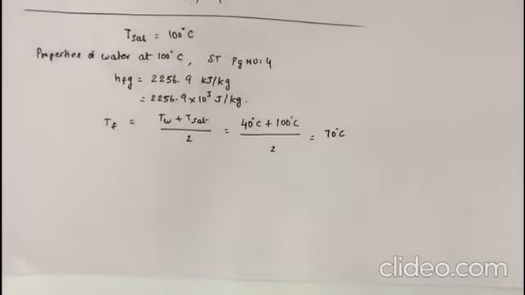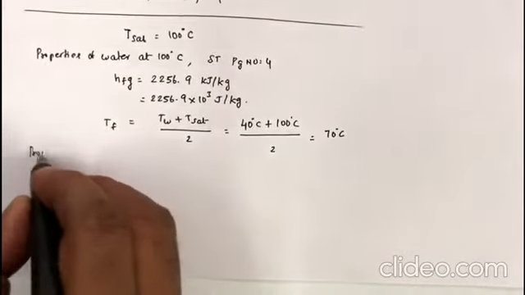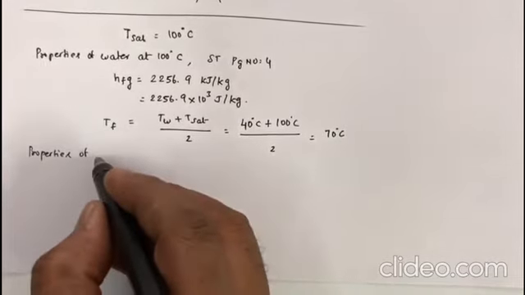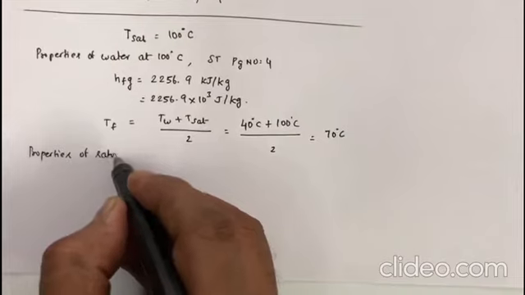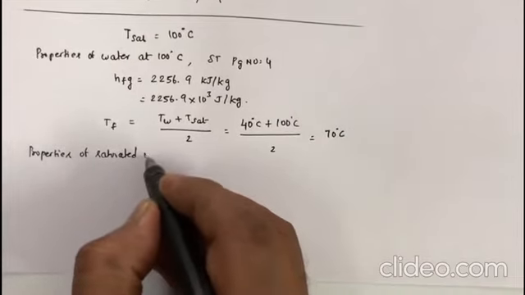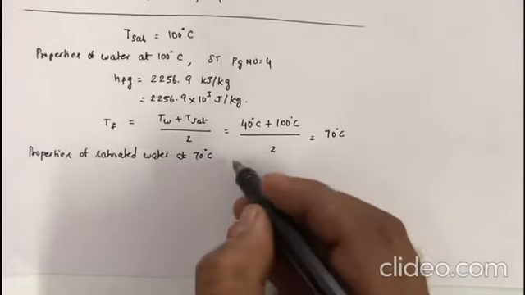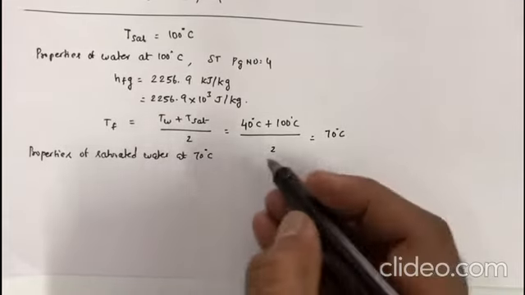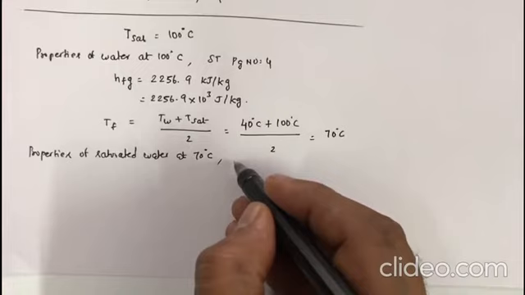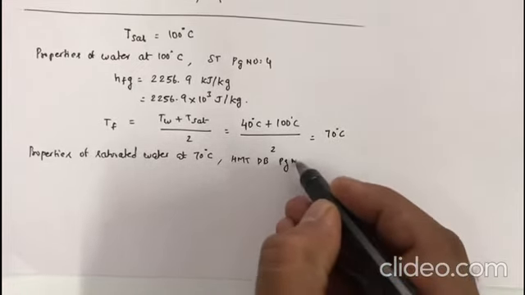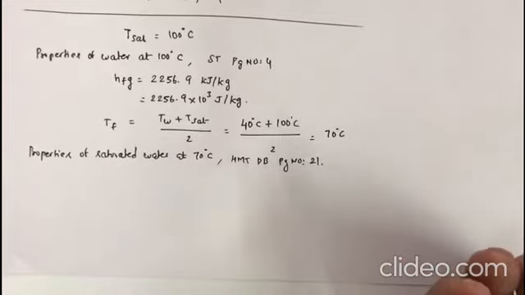Now for this 70 degrees Celsius, we are going to find the properties of saturated water. This could be gotten from the HMT data book, page number 21.